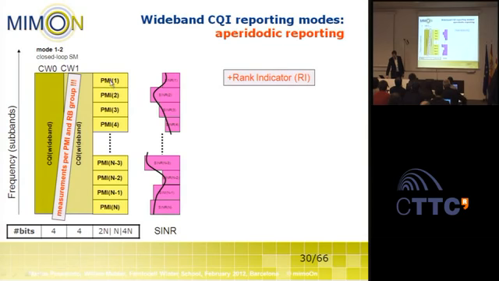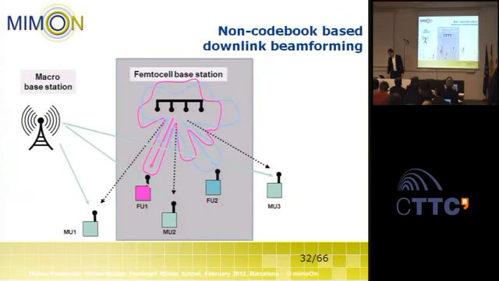So the user equipment can select for each subband the preferred precoding matrix. This gives more flexibility for selecting optimal precoding matrices, because of course the precoding matrix on a particular frequency may not be optimal for another frequency, as in a frequency selective channel. So this gives you a rough idea about the different reporting schemes that are supported in LTE.